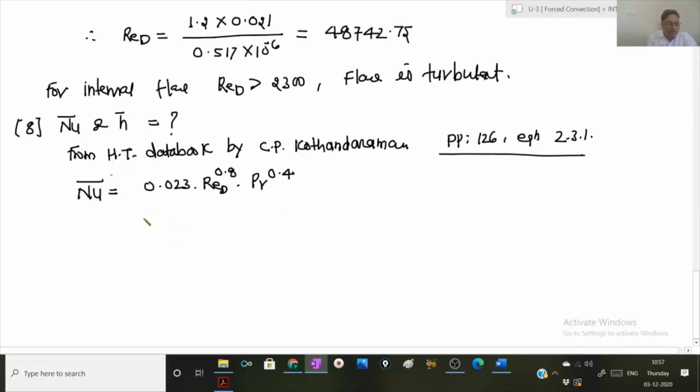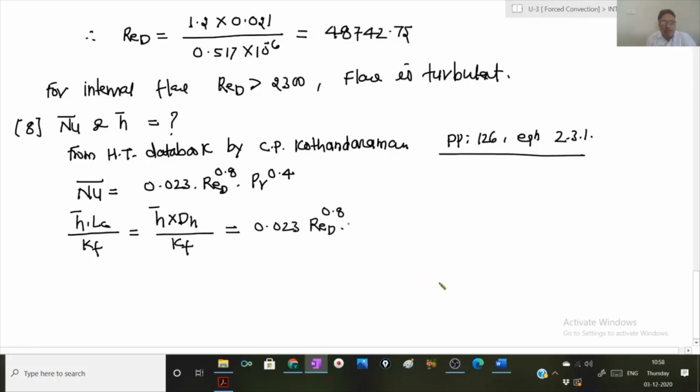Now Nusselt number can be given as h bar into LC over Kf. Putting the value of LC as hydraulic diameter is equal to 0.023, Reynolds number power 0.8.